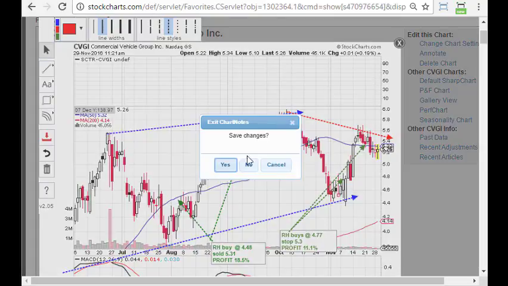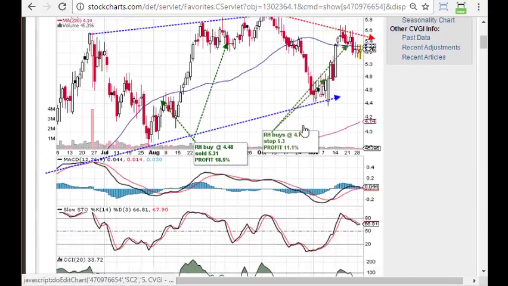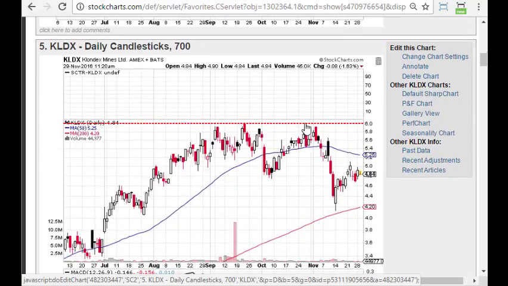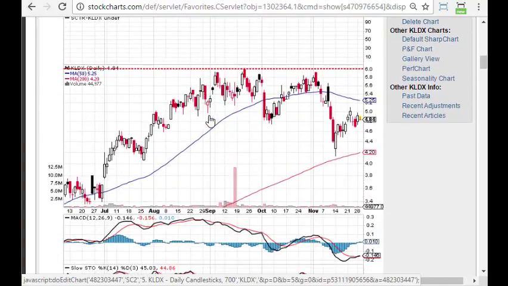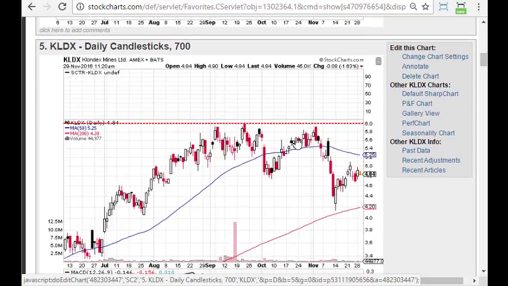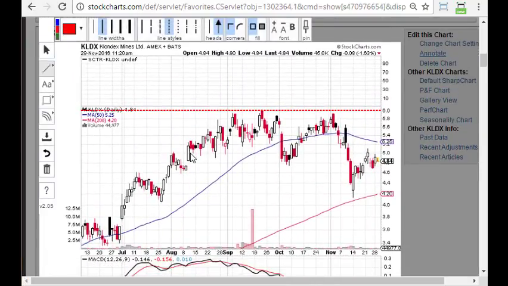So let's save this and move on. I can buy one more stock, and I'm still searching. This one doesn't have a scatter plot to tell me if it's a popular stock, so that's already lost one of the criteria that I'm looking for. The other thing is it's no longer in an uptrend.